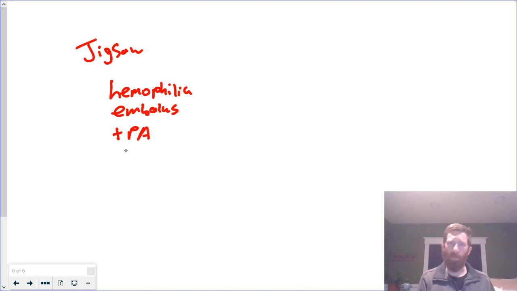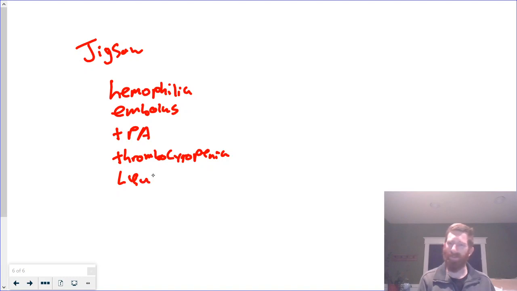TPA. We're going to talk about thrombocytopenia, right? And so these all have to do with platelets and with blood clotting and different things like that. And then we're also going to venture into the realm of the white blood cells. So we're going to talk about leukemia. You guys are going to learn about leukemia.